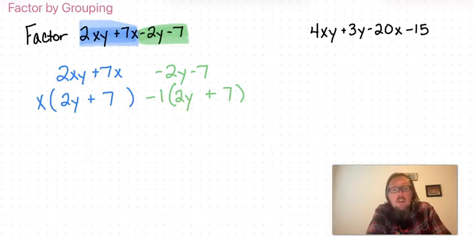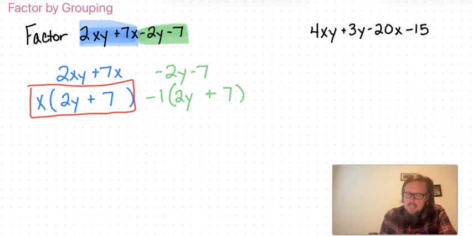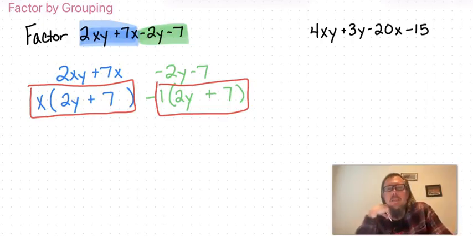Okay, so now we've factored the first two terms and the last two terms. Still looks pretty ugly, but believe it or not, we're one step away from the answer here, because these two terms have something in common. If you look at just this and just this, they both have a 2y plus 7.